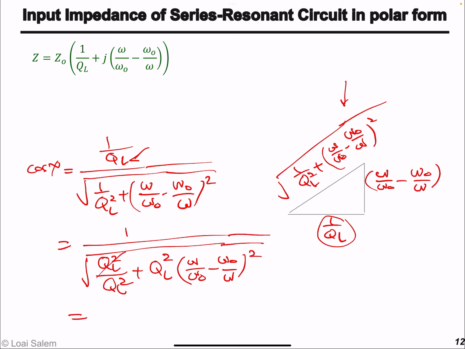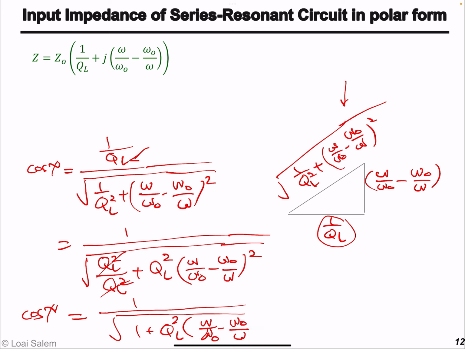And so this will cancel that, and we'll find that cosine psi is given by 1 over square root 1 plus QL squared omega over omega node minus omega node over omega squared.